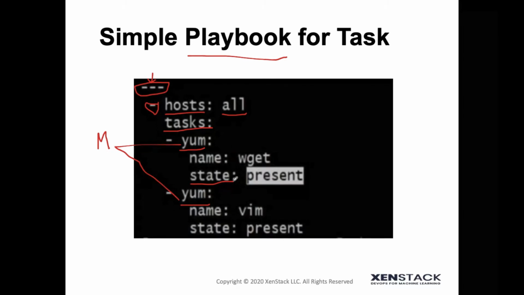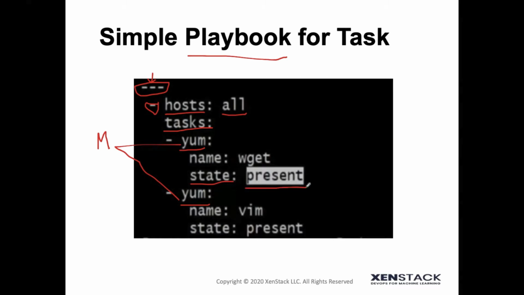There are various states which help us fulfill our requirement. Let's say you want to remove a package, you just need to use a state like absent. This absent state helps you remove a package which is already installed on your remote machine. As of now I'm using present, so this present state will help me install the package if it is not installed on the remote machine.